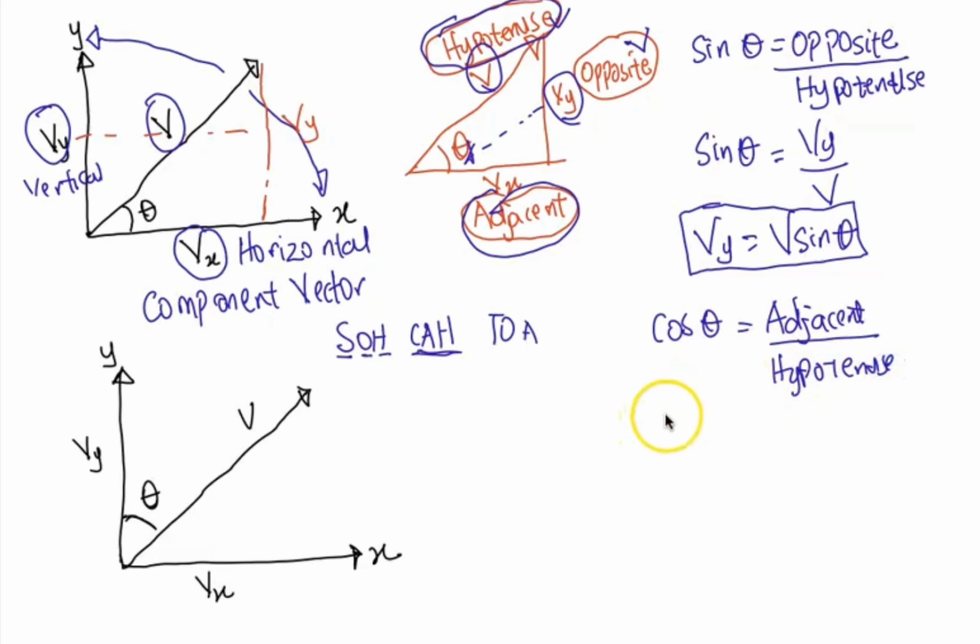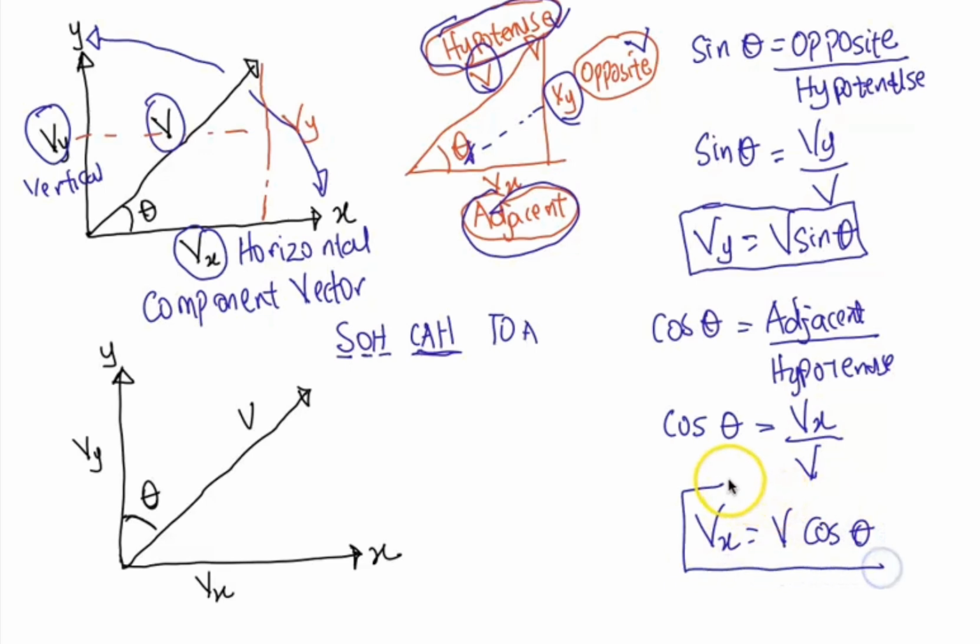So in this case, cos theta is equal to the adjacent, which is Vx, over the hypotenuse, which is V. So when we do a cross multiplication, Vx is equal to V cos theta. So this is how we calculate for the horizontal component of the velocity.